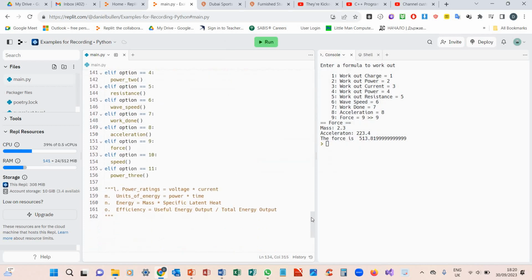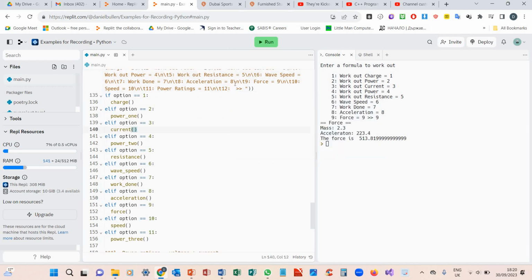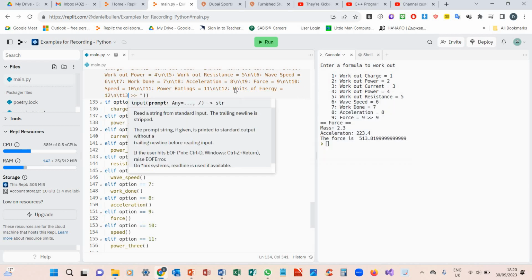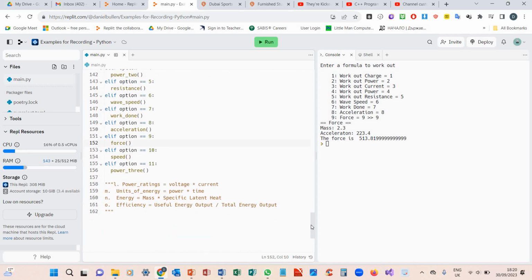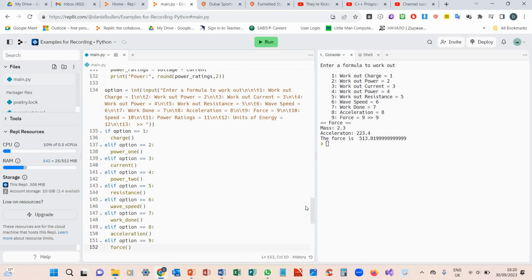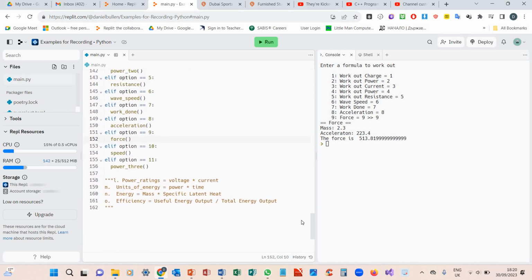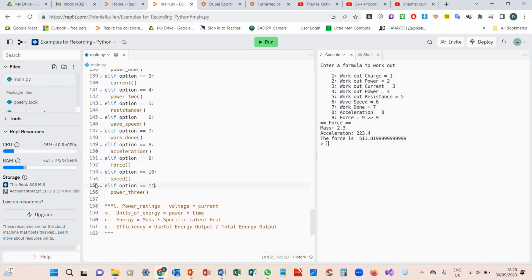After that, we're going to say units of energy. Energy. 13. Yep, so we got, what am I missing? So power rating, units of energy. So 12 is units of energy.